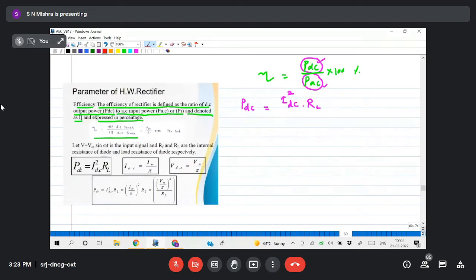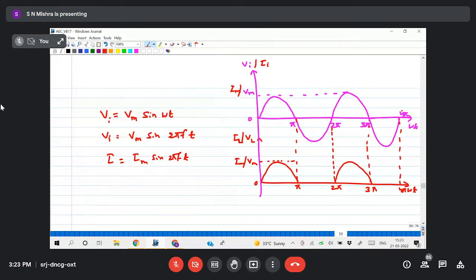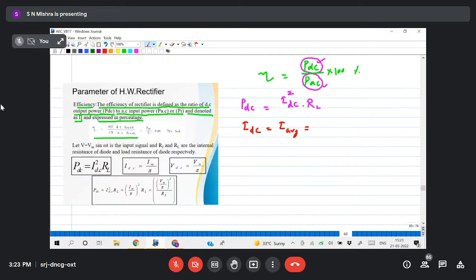Now if I want to find out IDC, or we can also call this the average current, then we take the average of this output signal. How to find this? You know the formula: 1 by T, integration of 0 to T of the function.